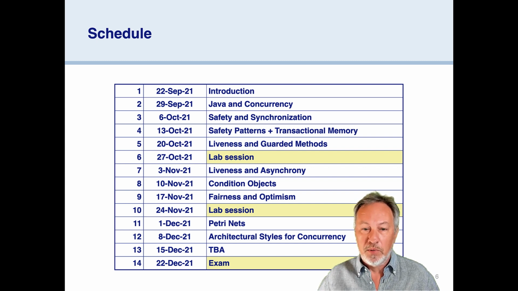Then we'll also have a quick look at liveness and how guarded methods can be used to ensure liveness in concurrent programs. Then we'll have our first lab session, which will consist of 4 programming exercises that are based on the previous lectures.